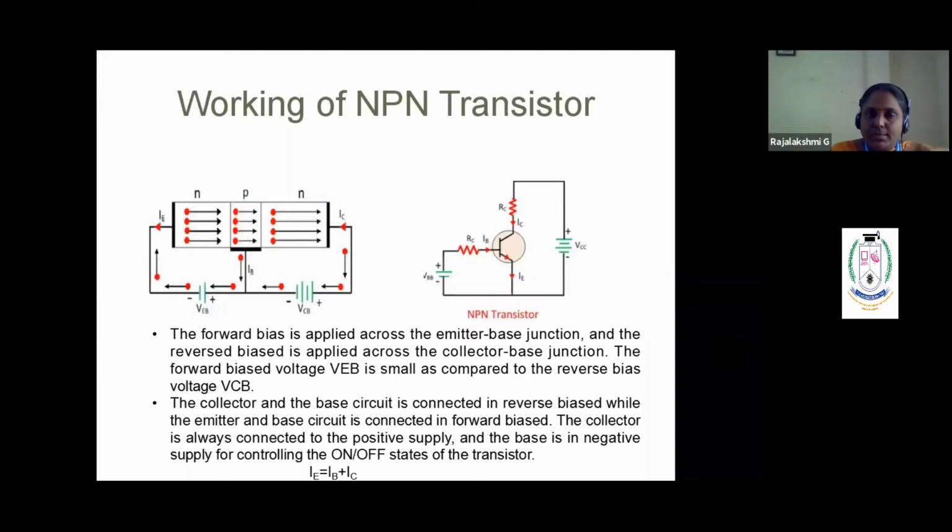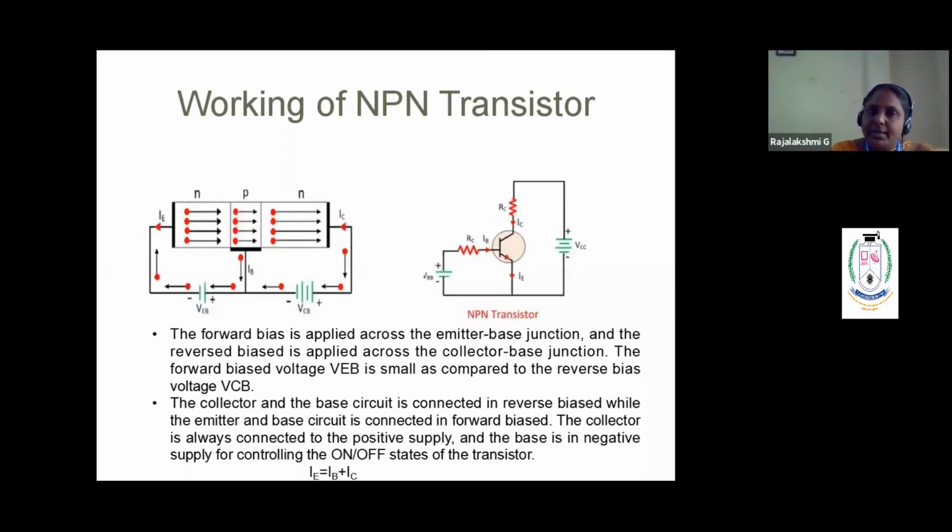Here, the first diagram represents a common base configuration. Base and emitter are forward biased, and collector and base are reverse biased. How will you understand that? From the left-hand side, the N side is connected to the negative terminal of the battery, and the P side, the center portion, is connected with the positive side of the battery.